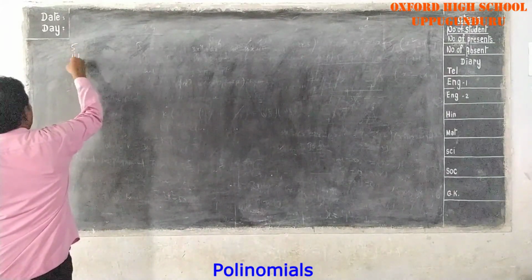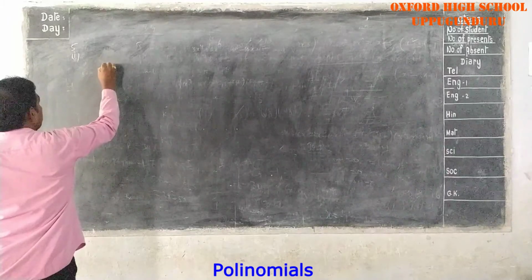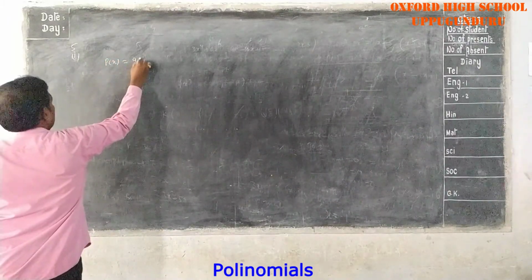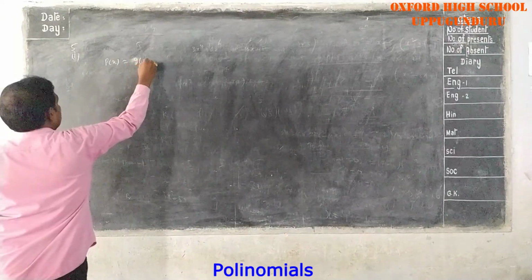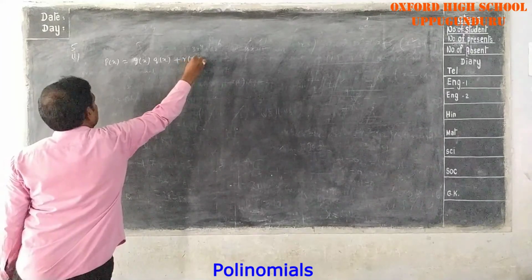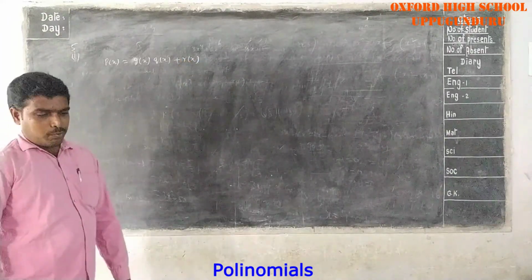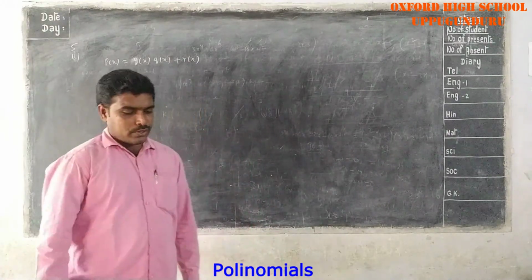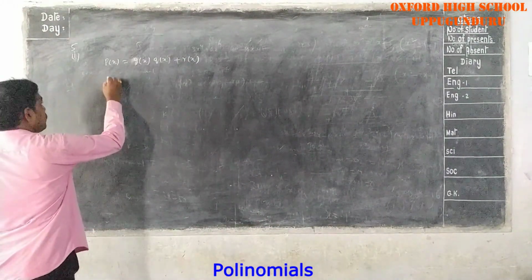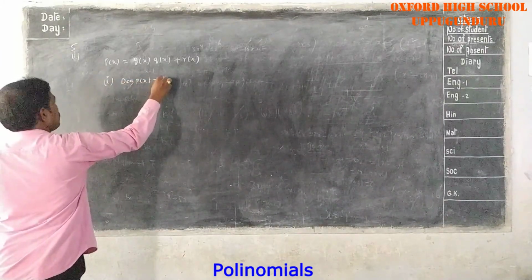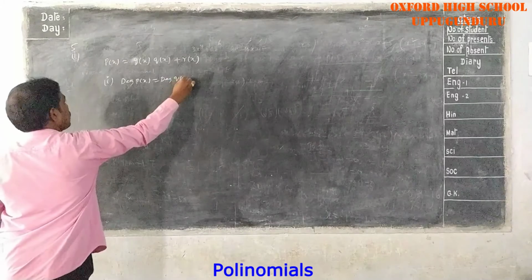Fifth problem, first part. So division algorithm: p of x equal to g of x into q of x plus r of x. So in this way you have to take the polynomials, and it satisfies the first condition, degree of p of x equal to degree of q of x.